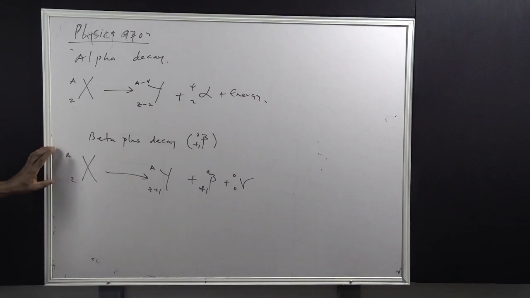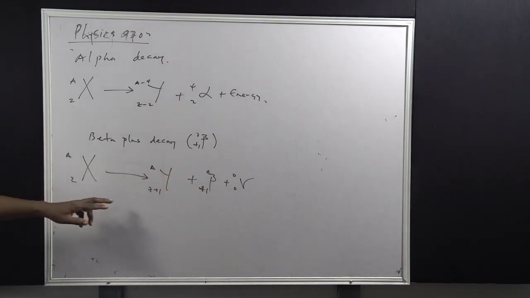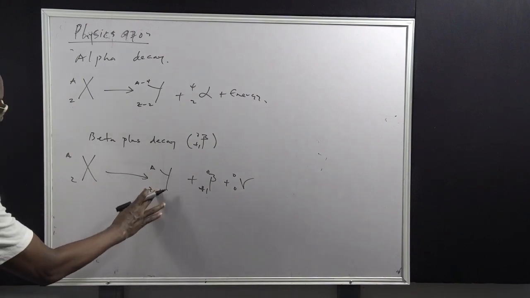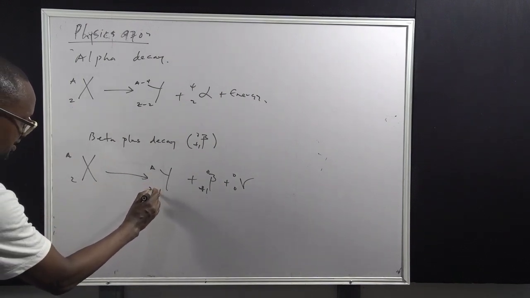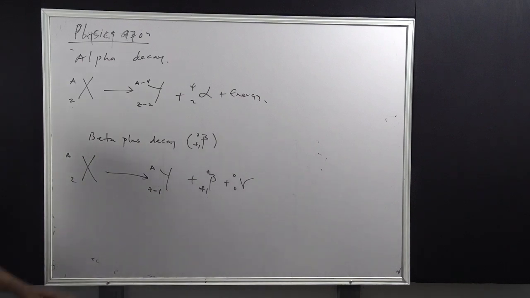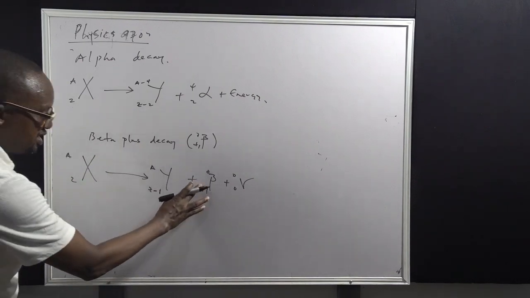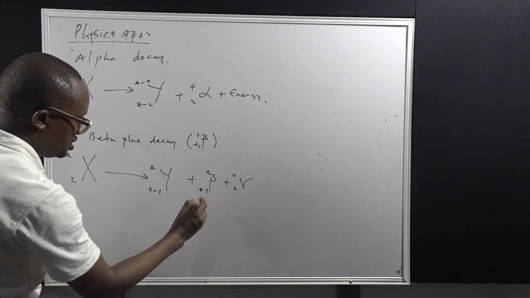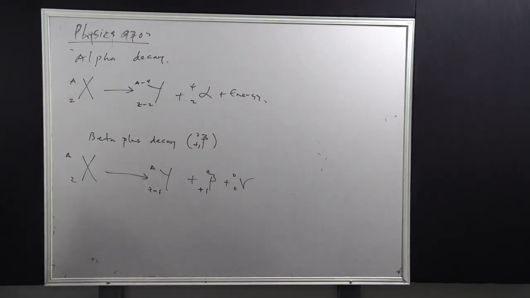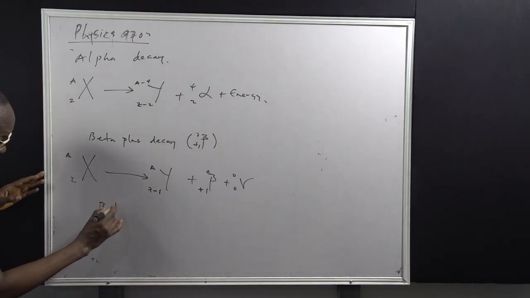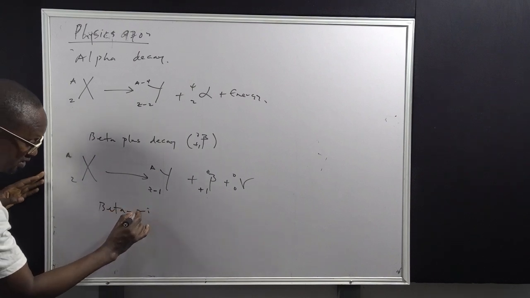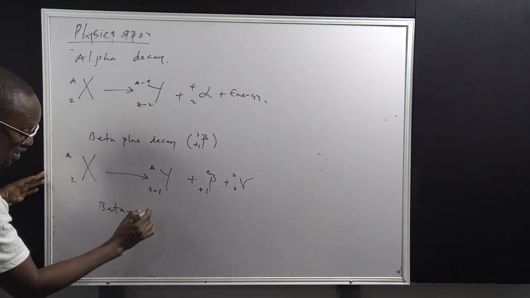So if a particle undergoes beta plus decay, nucleon number remains the same. Proton number will reduce by 1. Please take note of that. Proton number will reduce by 1 in order to balance this. Then it's going to produce the neutrinos. Then we also have beta minus decay.